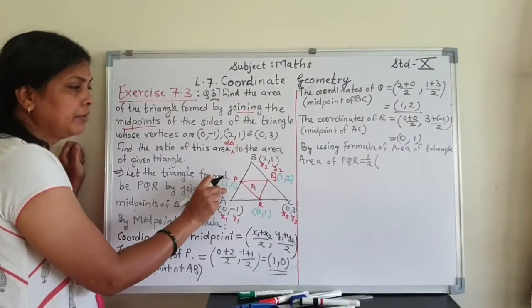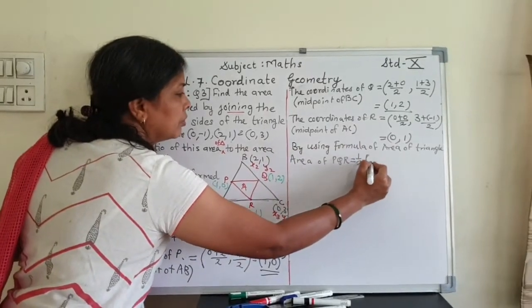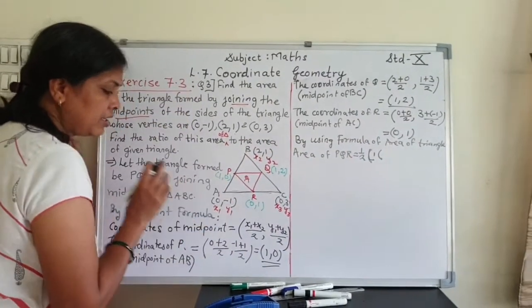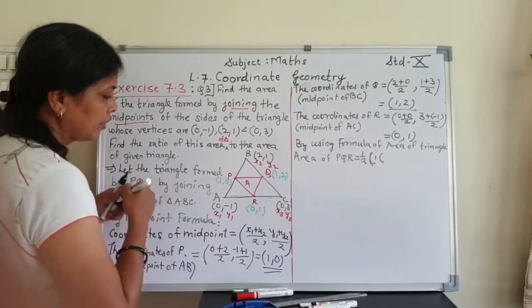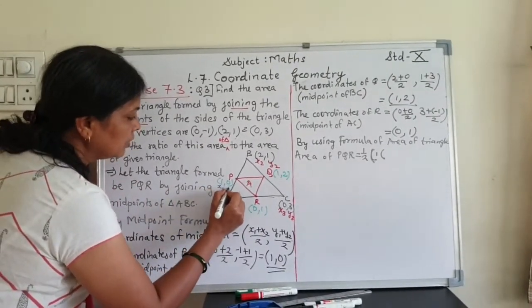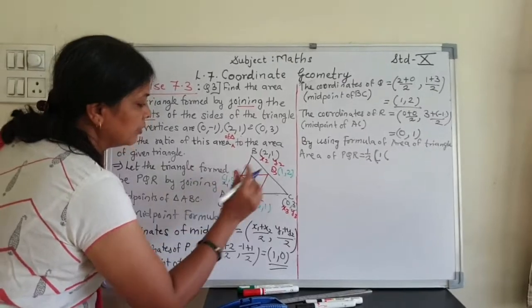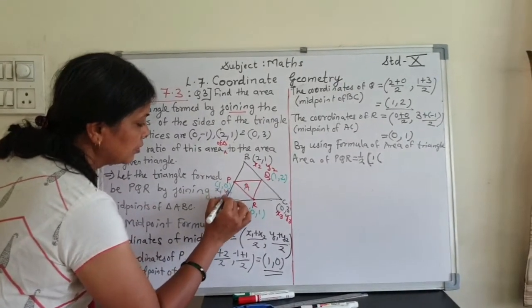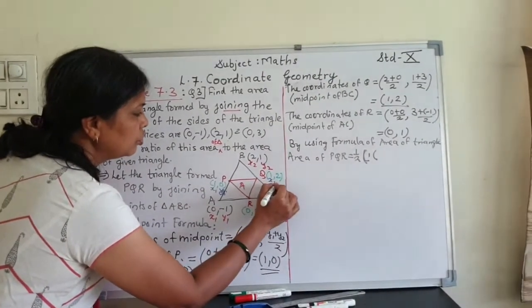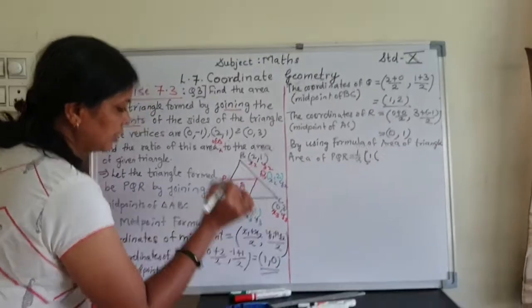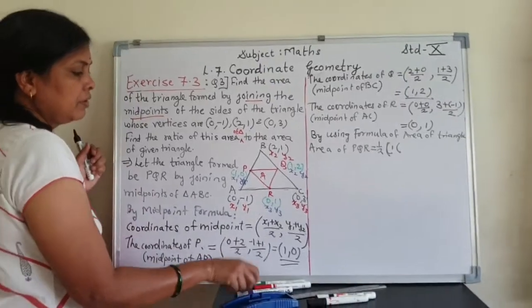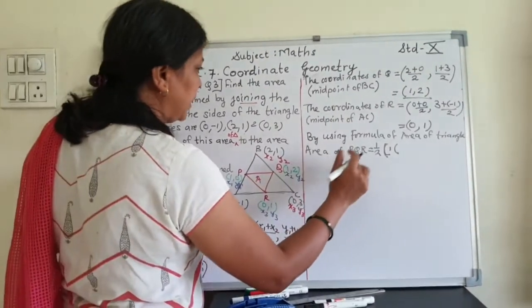This is x1, y1, x2 y2, x3 y3. Now what these coordinates we are using to find the area?